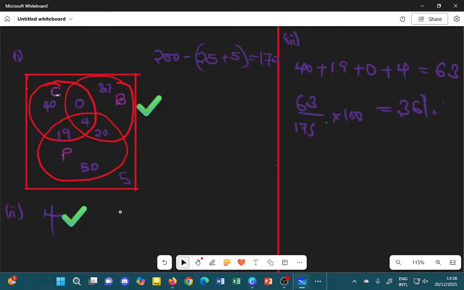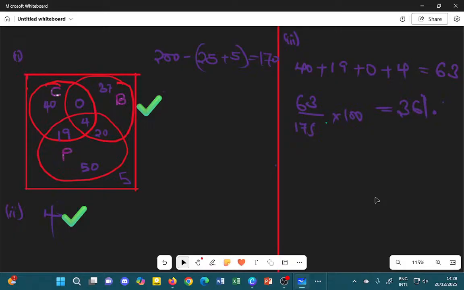But one would also have looked at it in terms of the set that we have here, because we are concerned with the probability inside the rectangle or the square. So this is what we refer to as the universal set. So it's over 175.